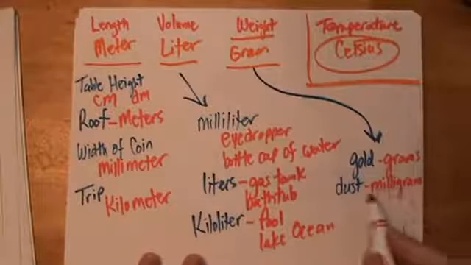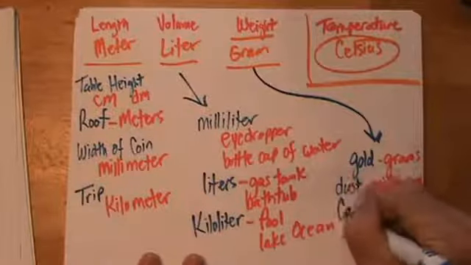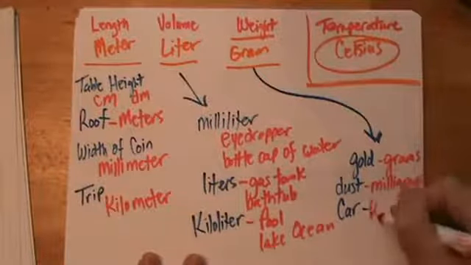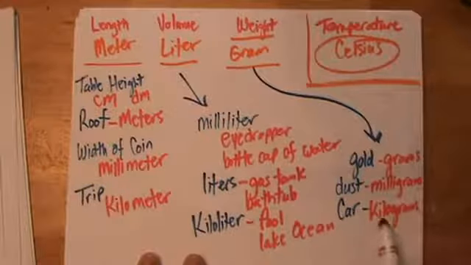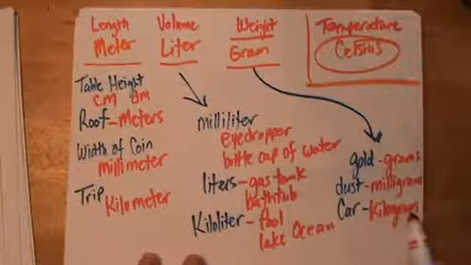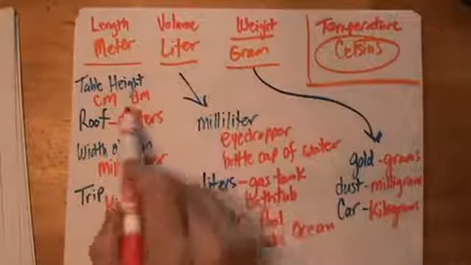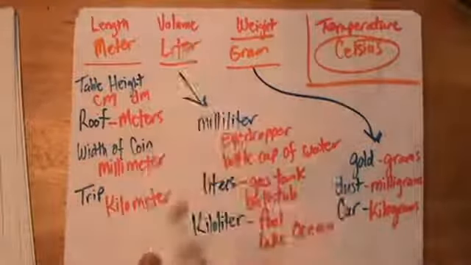So there's that prefix milli. And then if you were measuring something quite large, like for example the weight of a car, you would measure that in kilograms. So again, you have that kilo, which is 1,000 grams. So as you do this, just make sure that you're looking at the prefix, and make sure you're using the right basic unit as well.